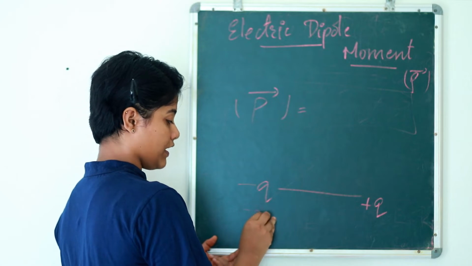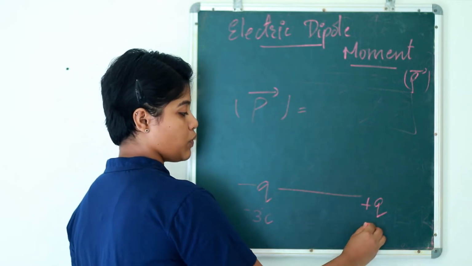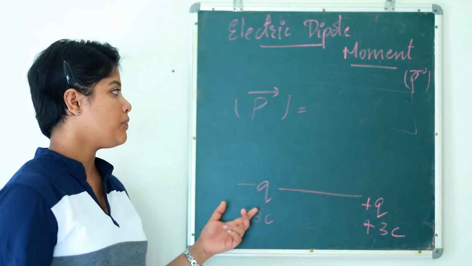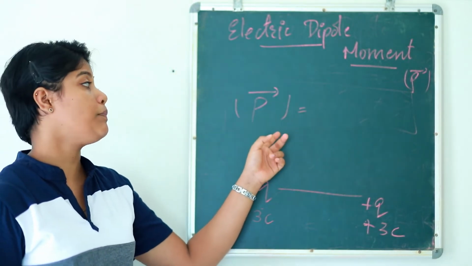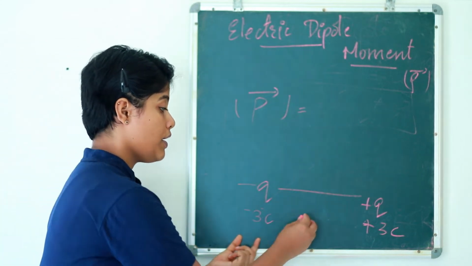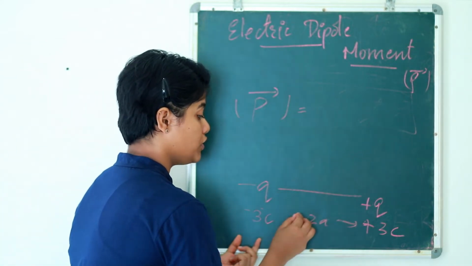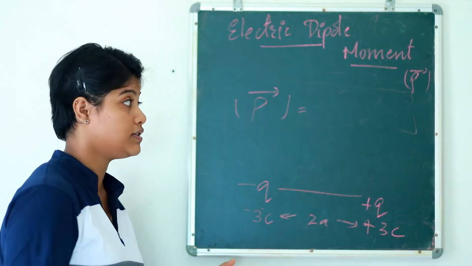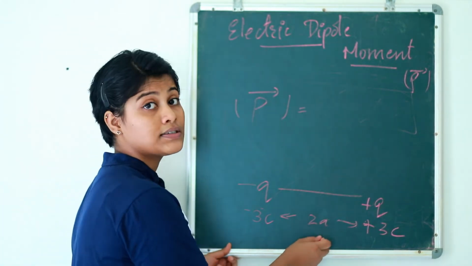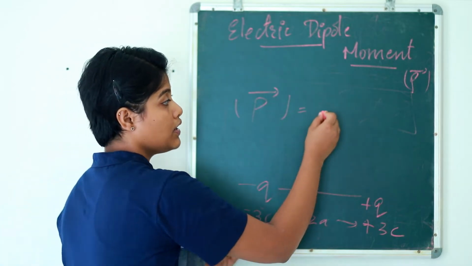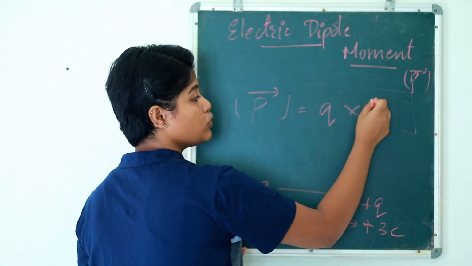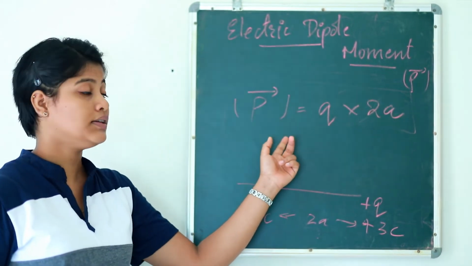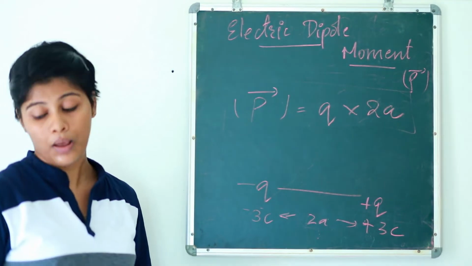That is, if this is minus 3 coulomb, this will be plus 3 coulomb. Both magnitudes are equal. So what is the dipole moment? The dipole moment is the product of the magnitude of either of the charges and the distance between these two charges, that is, q into 2a. This is called the dipole moment.